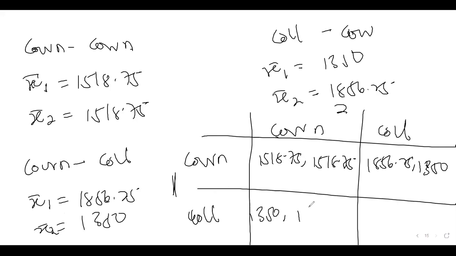Then that for firm 2 will be 1856.25. Then when both play collusion, we will have 1575, 1575. So if you work this out perfectly, you realize that the dominant strategy for both firm 1 and firm 2 is Cournot. That means that their Nash equilibrium will occur at Cournot, and the outcome will be 1518.75, 1518.75.